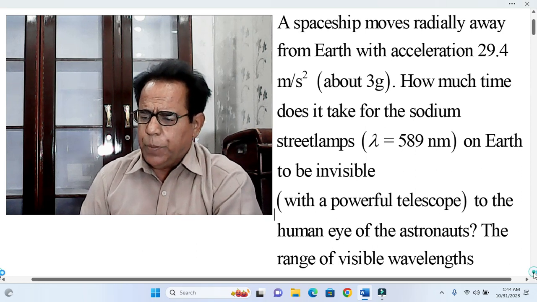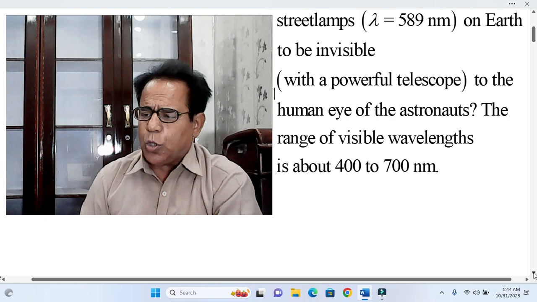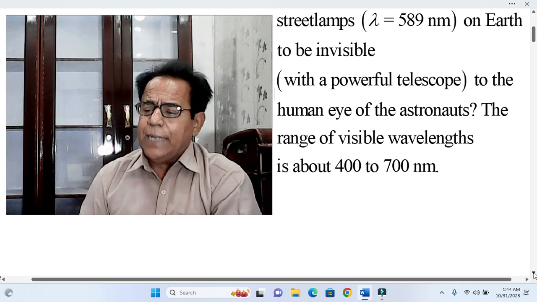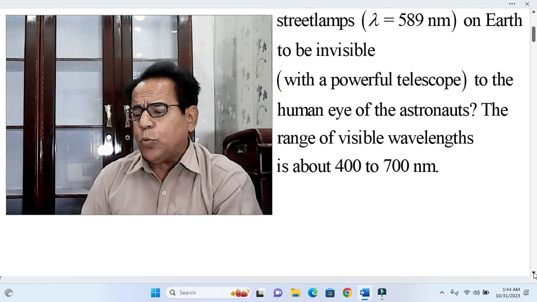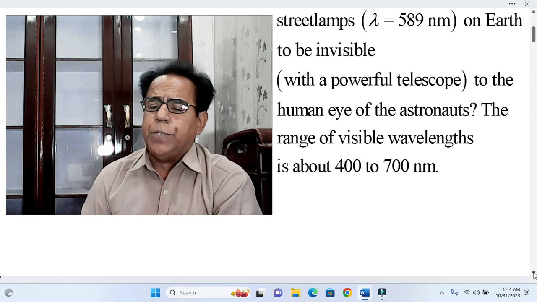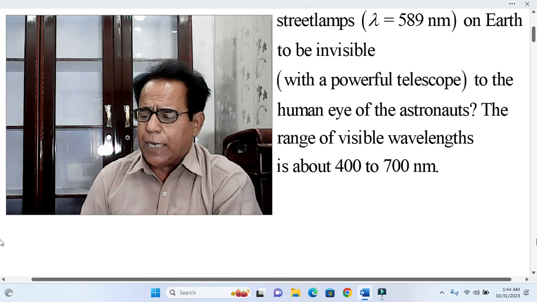To the human eye of the astronauts, the range of visible wavelengths is about 400 to 700 nanometer, nano standing for 10 to power minus 9.